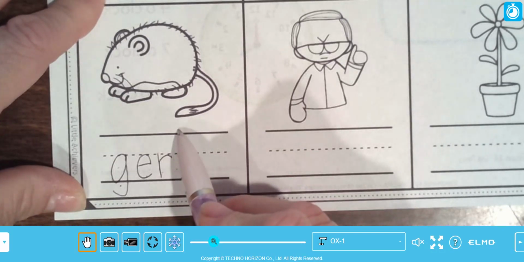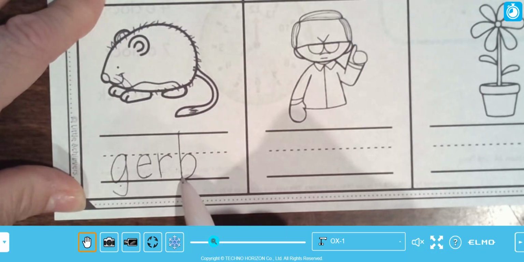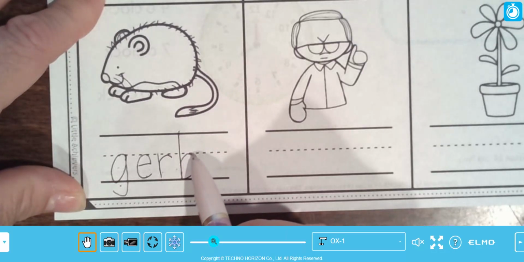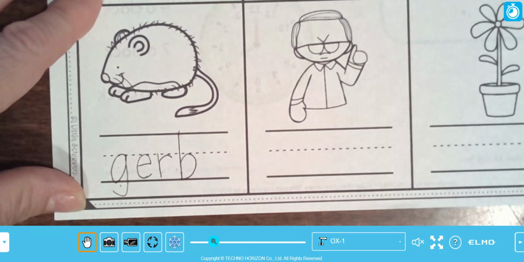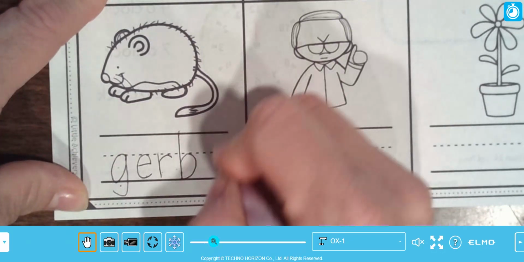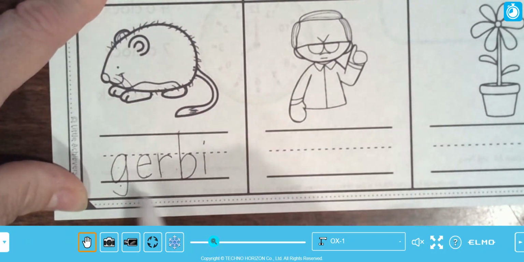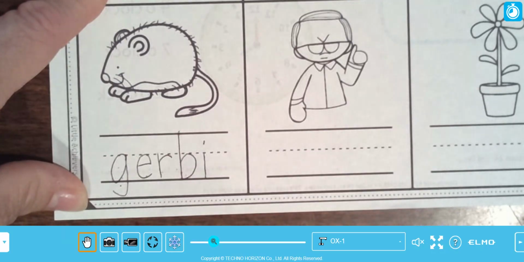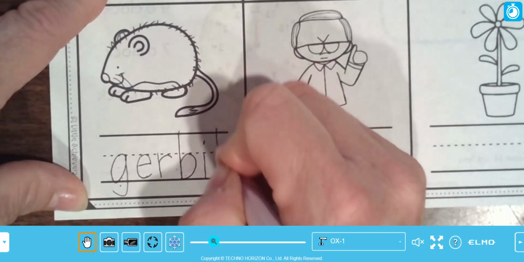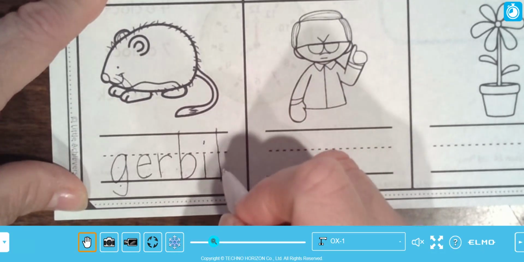Tall starts at the top line, goes down to the bottom, back up to the dashed line, and then goes down to the bottom. Okay, next is the I. J, B, I. And then L, gerbil.